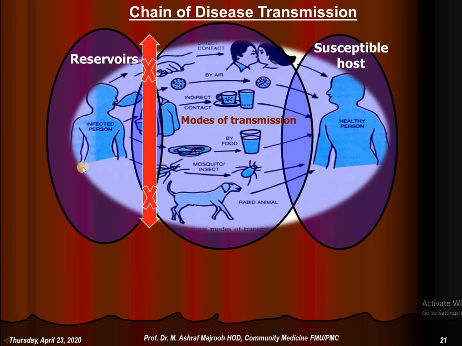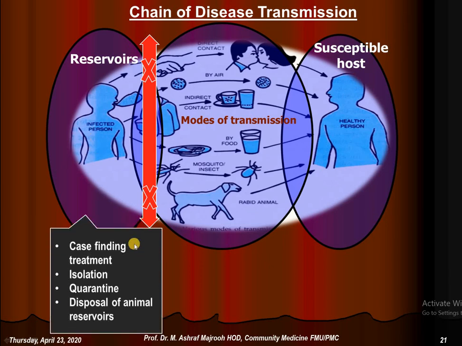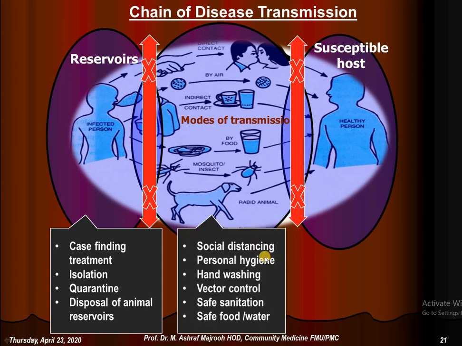Here we can put the barrier at the reservoirs. The interventions in the reservoir are case finding and treatment, isolation, quarantine, and disposal of animal reservoirs. In the route of transmission, we can put barriers such as social distancing, personal hygiene, hand washing, vector control, safe sanitation, and safe food and water.